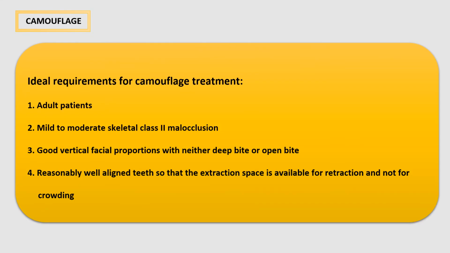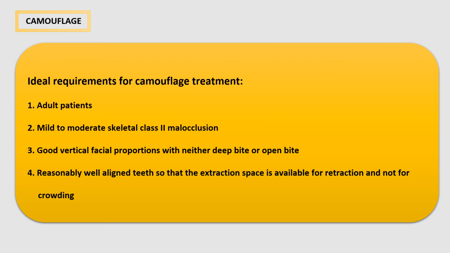And when it comes to camouflage, which is one of the commonly used techniques to treat class 2 malocclusion, there are certain ideal requirements for this particular treatment. They have to be adult patients.